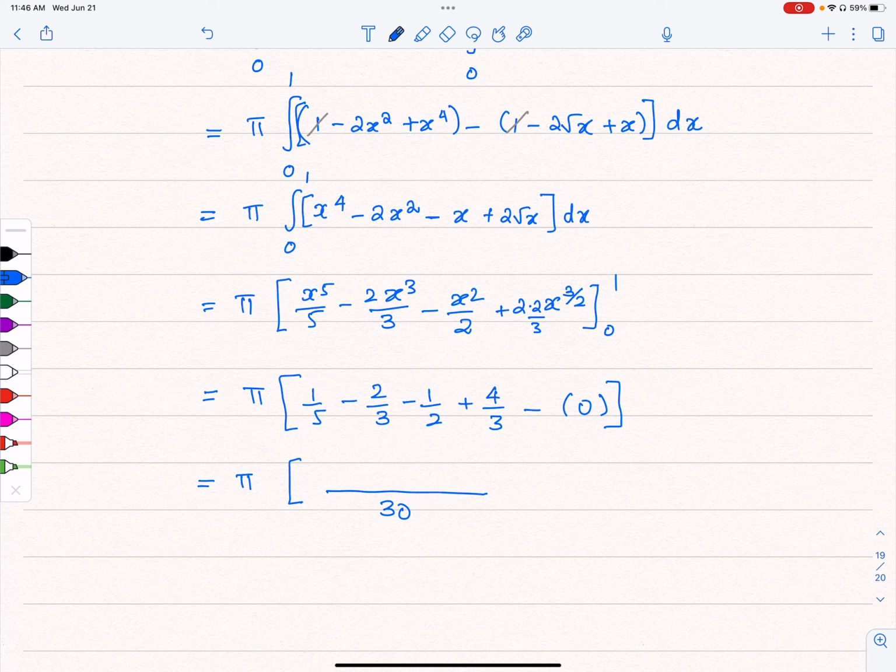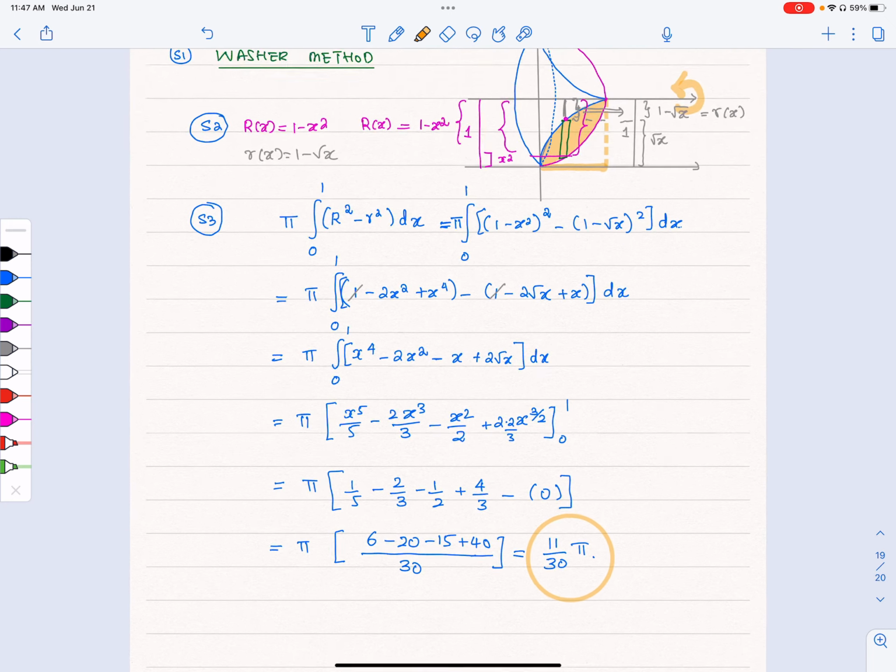That's 5, that's times 6, so it's going to be 6. And that is 20. And that is 15. And this is 40. And the whole thing is what? 11 over 30. Pi is the answer for this problem.